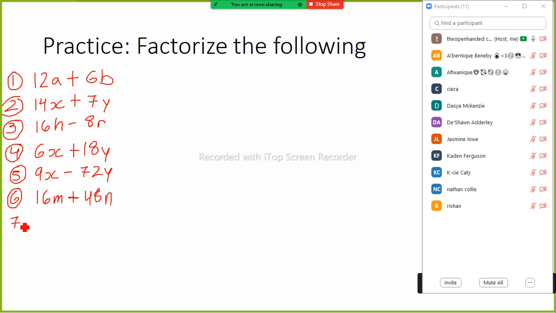Number 7, we can have 12p plus, let's not use that, let's use 24 instead. 12p plus 20q.